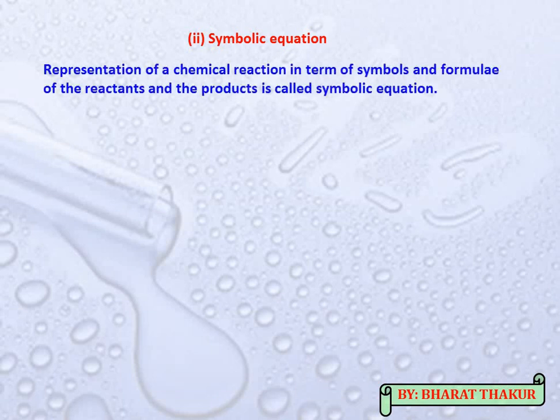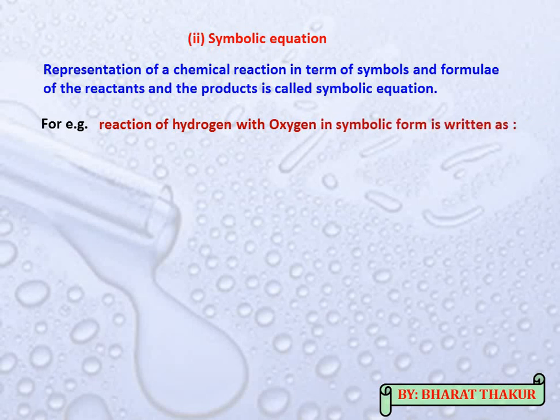In a symbolic equation, the representation of a chemical reaction is done in terms of symbols and formulas of the reactants as well as of the products, and it is called a symbolic equation. For example, the reaction of hydrogen and oxygen in symbolic form can be written as H2 plus O2 gives H2O. Here the formula of hydrogen is H2, the formula of oxygen is O2, and the formula of the product water is H2O.